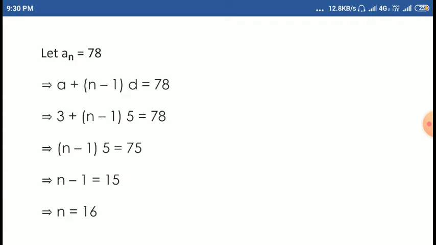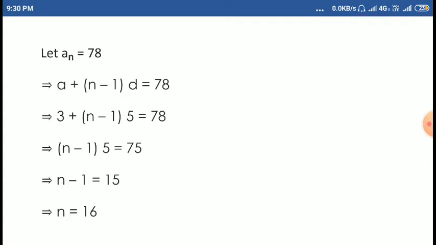If you bring 3 from the left to the right-hand side of this equation, plus 3 becomes minus 3, so 78 minus 3 becomes 75. Finally we get (n minus 1) into 5 equals 75. Since 5 is multiplied on the left-hand side, if you bring it to the other side it will be divided, so 75 by 5 equals 15. So n minus 1 equals 15.